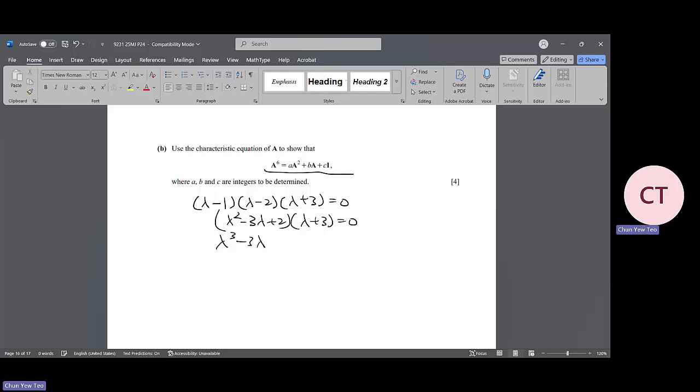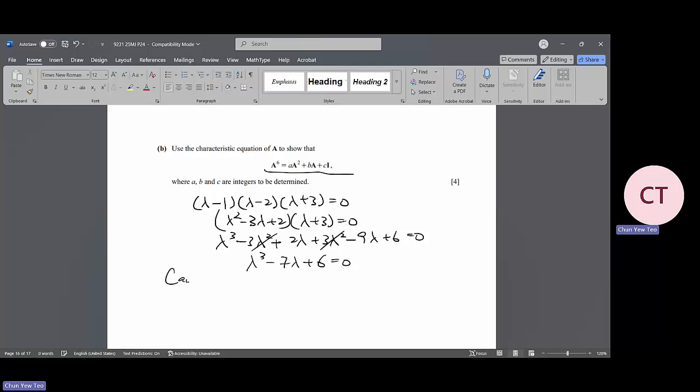minus 3 lambda squared plus 2 lambda plus 3 lambda squared minus 9 lambda plus 6 equal to 0. This one can cancel. So you get lambda cubed minus 7 lambda plus 6 equal to 0. This is the characteristic equation.